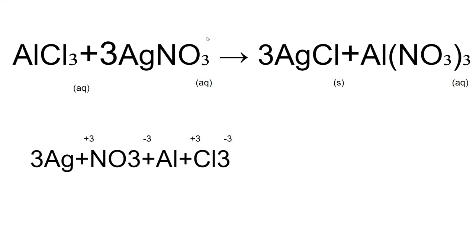So that would mean that they are soluble. However, this solid here is not soluble. So most nitrates are soluble, which is why this here is an aqueous solution. And most chlorides are also soluble, which is also why it's an aqueous solution. So this nitrate here is also aqueous. However, silver causes this compound here to be solid, which is why it's not going to dissolve.